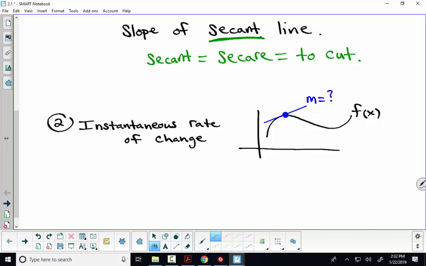Basically, for now, we can think of it as such: slope at one point on a curve or a function. Again, that's a physical interpretation.